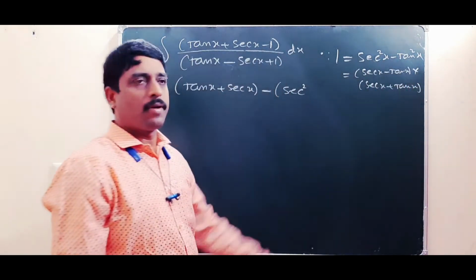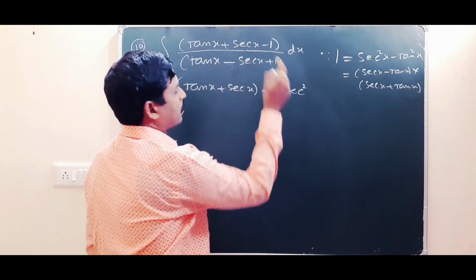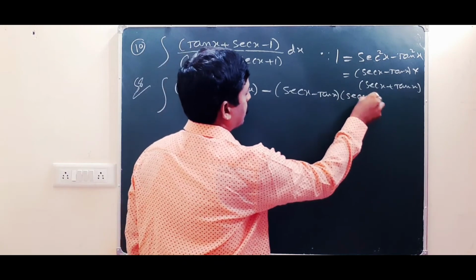This is in the form a square minus b square, which is a minus b into a plus b. So it can be written as secant x minus tan x into secant x plus tan x.